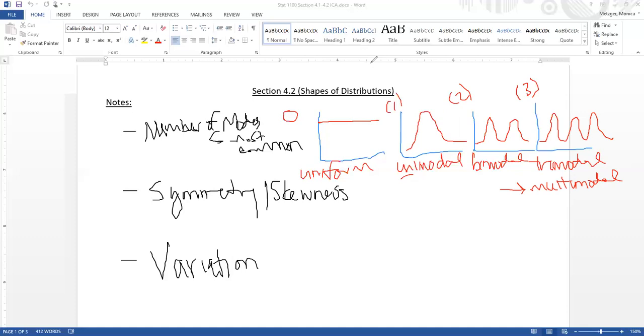We'll go ahead and change this color. And we'll talk about the symmetry or skewness of a data set. If a data set is symmetric, then we're going to say that one side is a mirror image of the other.